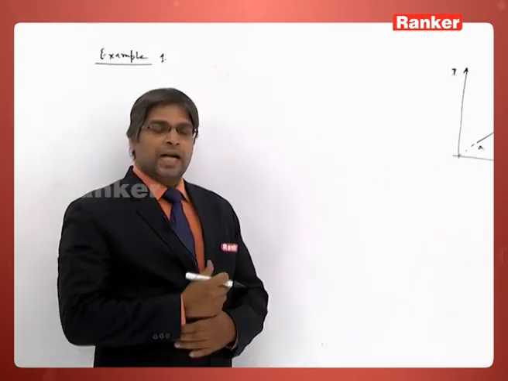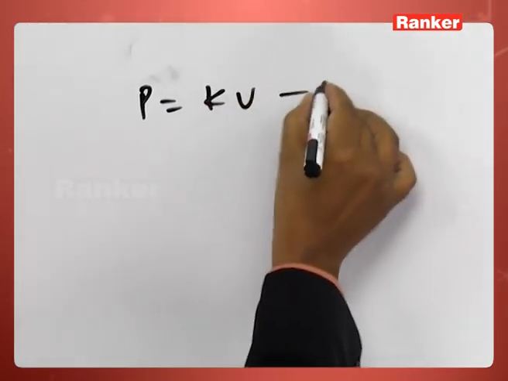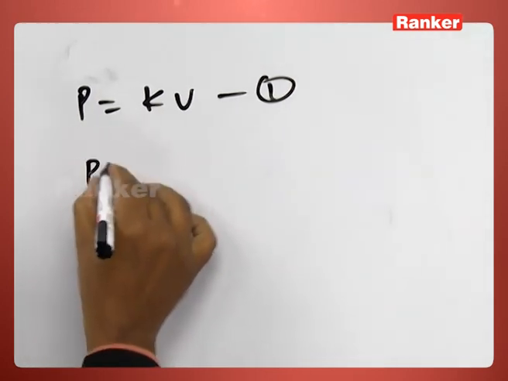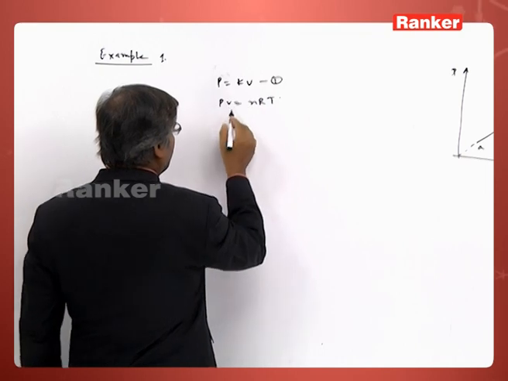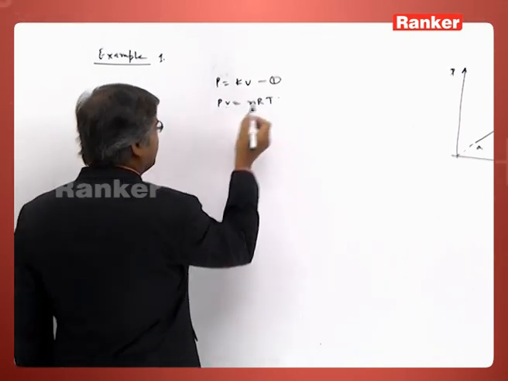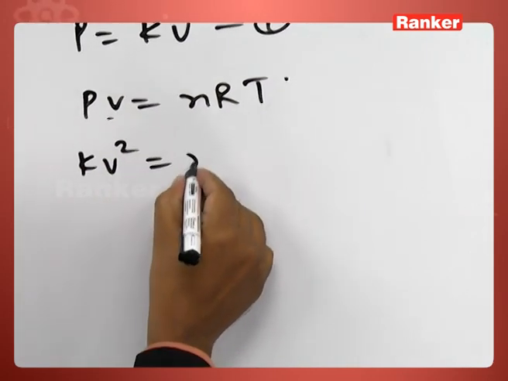Now P is given as KV, and we know that PV is equal to nRT. So what we do, we will eliminate P. We put the P value here as KV, so KV square is equal to nRT.